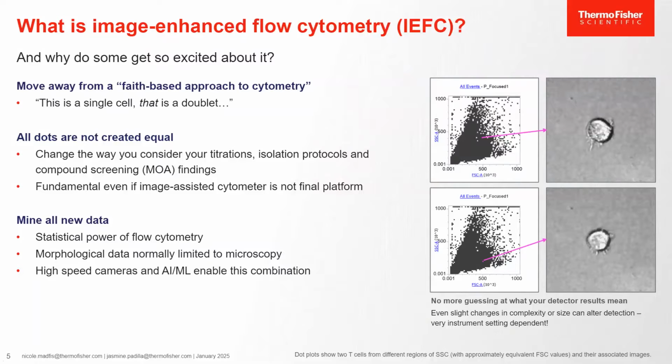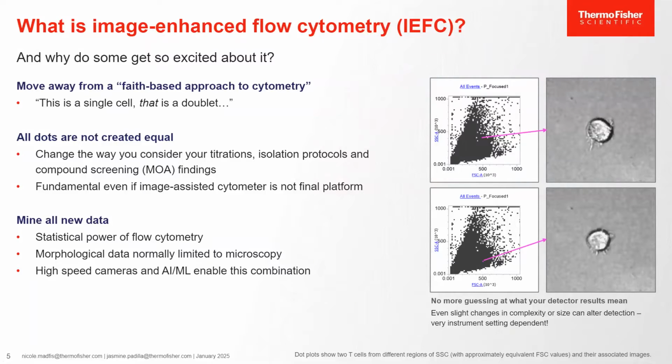With imaging-enhanced flow cytometry, there's less guessing what your detector results mean. Even slight changes to reagent titration, isolation protocols, or instrument settings can change your results. It's fundamental to confirm what you're analyzing. With imaging, you have visual evidence and the ability to quantify what you're seeing, providing a whole new data set.